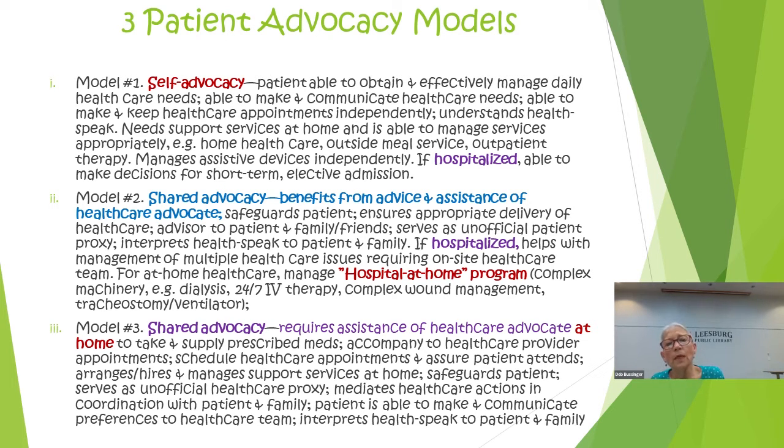If they're at home, they may need support services, and they're usually able to manage those services, such as home health care, outside meal service, outside therapy. They're able to manage assistive devices independently. If they are hospitalized, they're able to make decisions for short term elective admission.